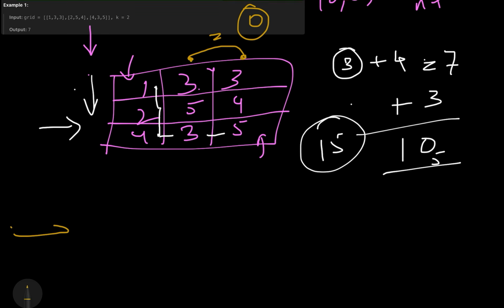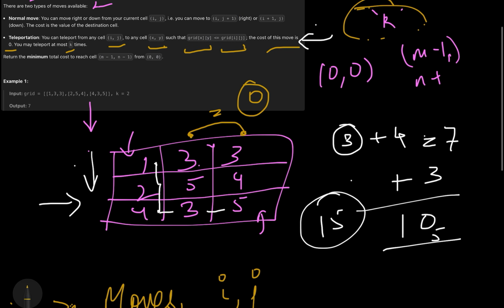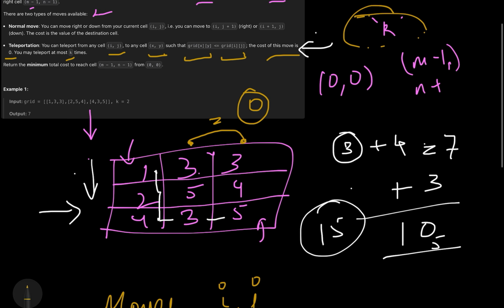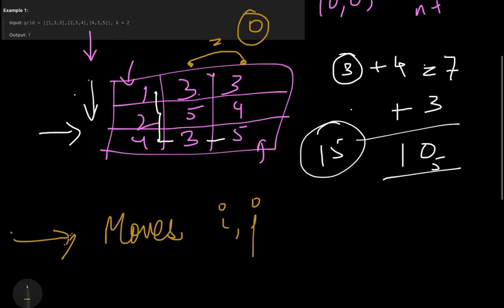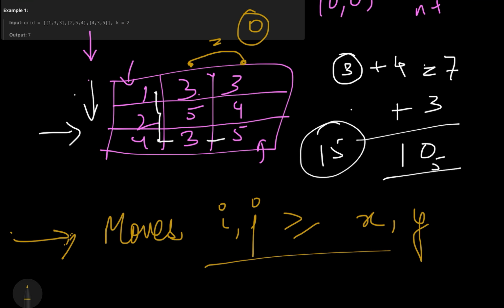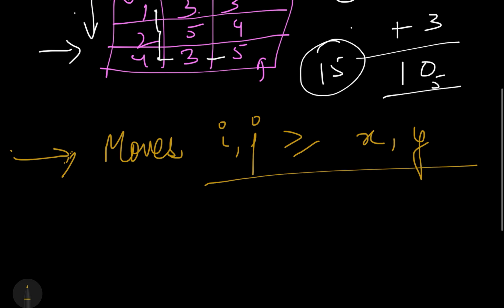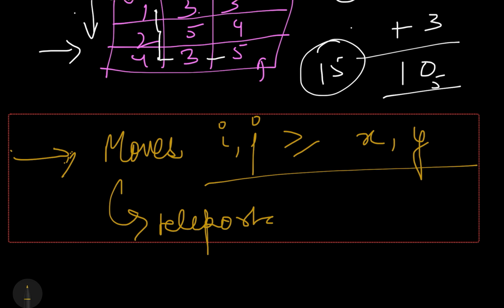So what can we do? If we calculate all the moves in which our (i, j) cell, which is eligible for teleportation, is greater than or equal to our (x, y) cell, then we can easily find our teleportation moves.